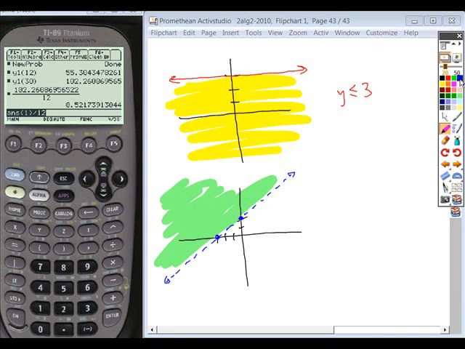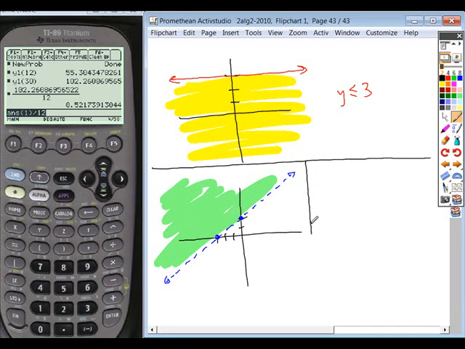Okay, see if you can identify it on your own really quickly. Hey, Rick, what would you get? Y is greater than 2 over 3x plus 2.